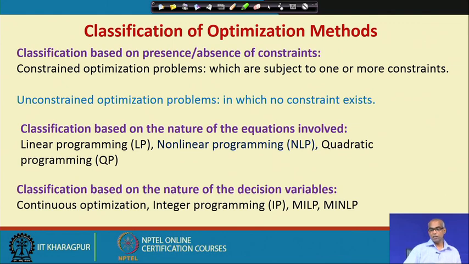You can also have a mixed integer nonlinear programming problem. Here your problem is a nonlinear programming problem and the decision variables can take both real values as well as integer values. So, some decision variables will be taking integer values, some will be taking real values. So, they are MILP and MINLP. MILP and MINLP are also very important classes of optimization problems in chemical engineering.